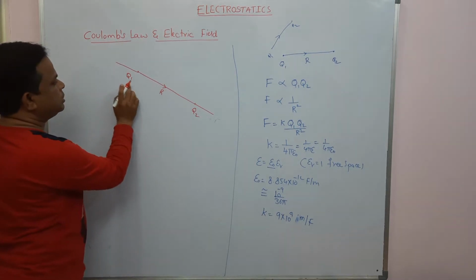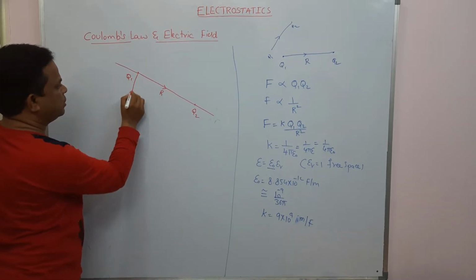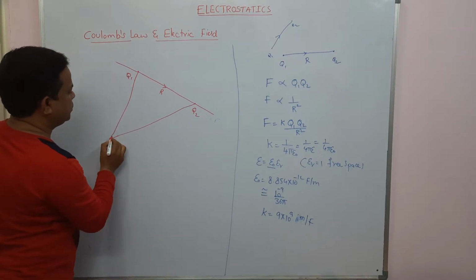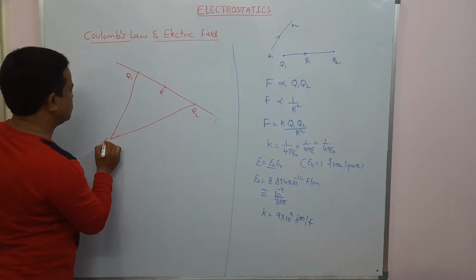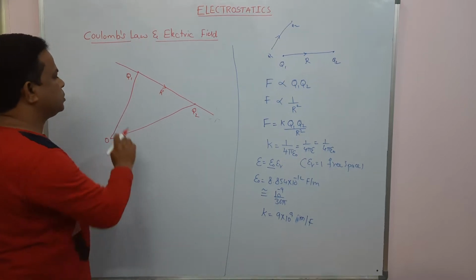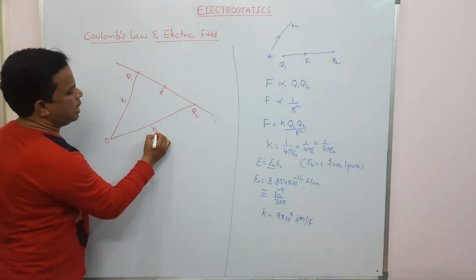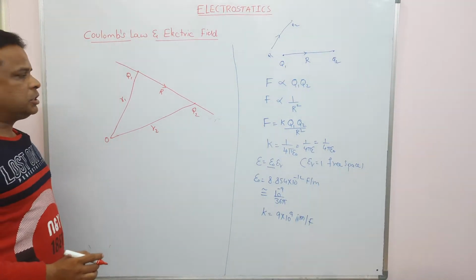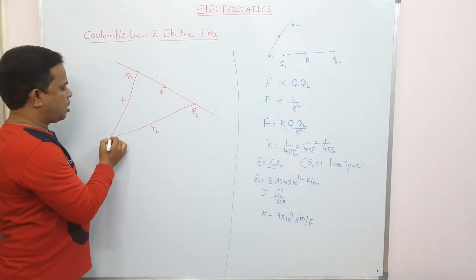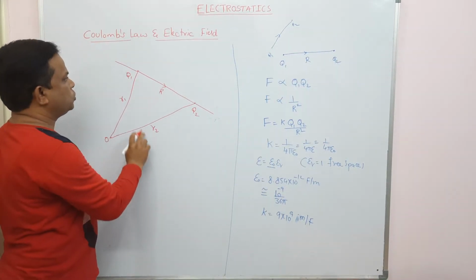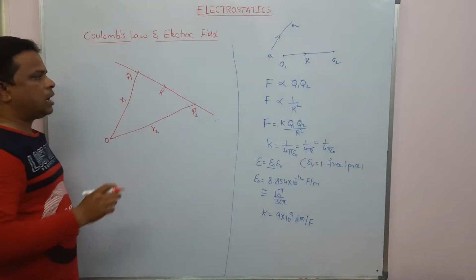Let me take the position vectors starting from the origin O: r1 as a position vector and r2 as another position vector, from the origin to the point charges Q2 as r2 and Q1 as r1.